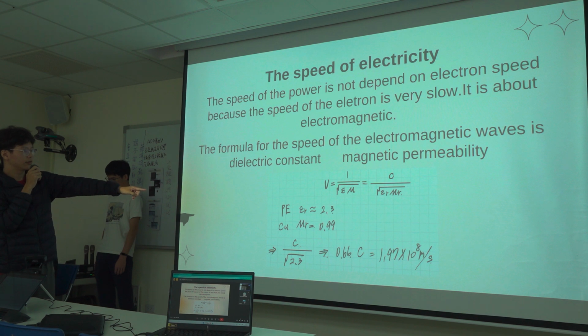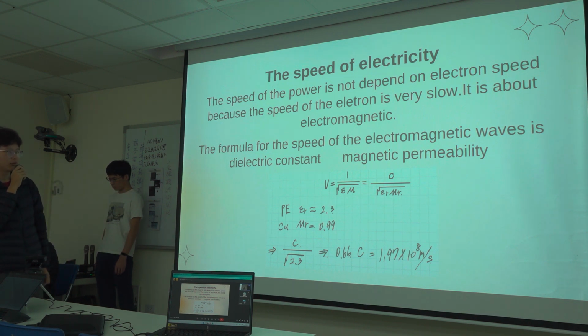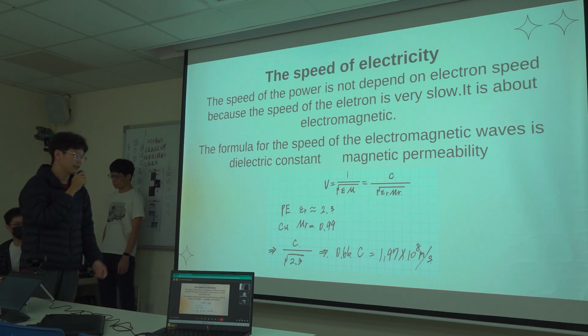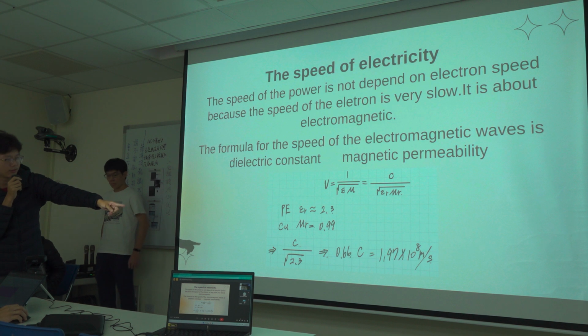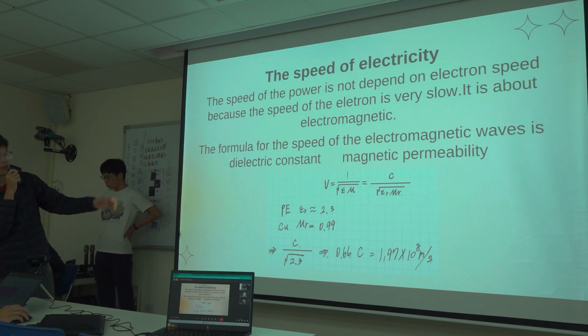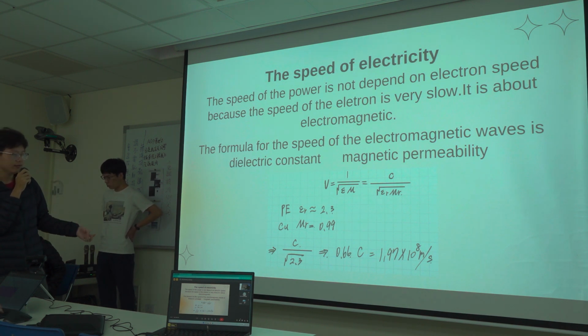The epsilon of PE is about 2.3, and the mu of Cu is about 1, and we can calculate that the speed of the electromagnetic wave is very nearly the light speed.